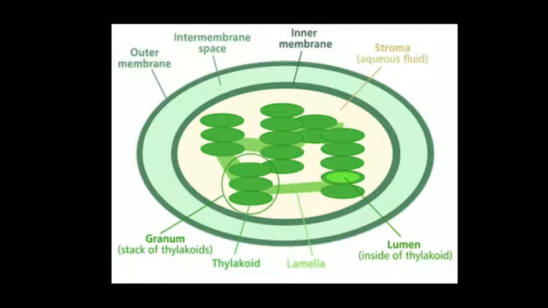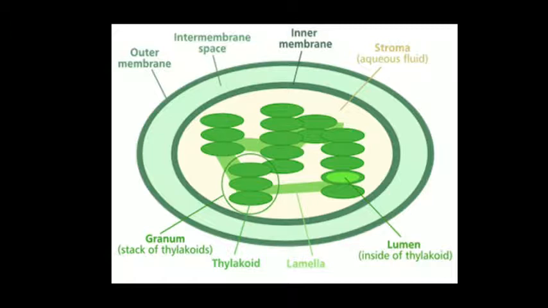In the chloroplast, each thylakoid contains chlorophyll pigments, and in the thylakoid a reaction takes place. We can learn those reactions in detail in the next slide.